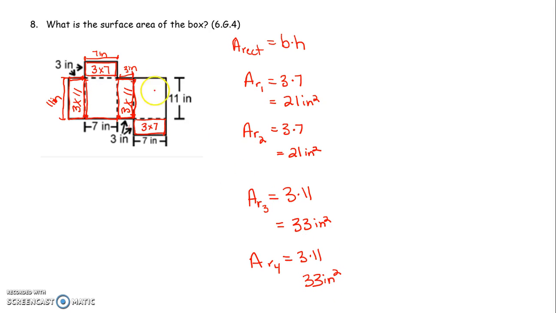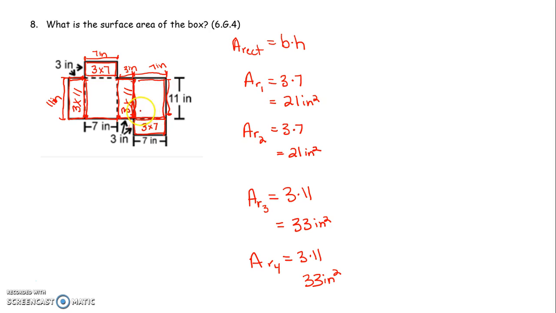All right, I only have 2 more rectangles to figure out. So now I'm going to figure out this rectangle here. I say, oh, this edge way down here is 7. That must be 7. Oh, great. Up here, that must also be 7 inches. And I know this side is 11.